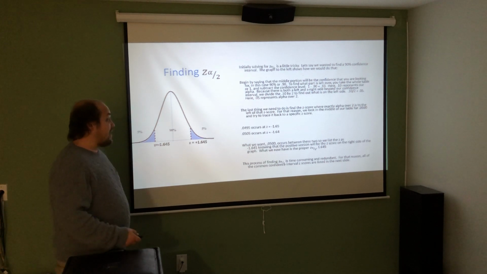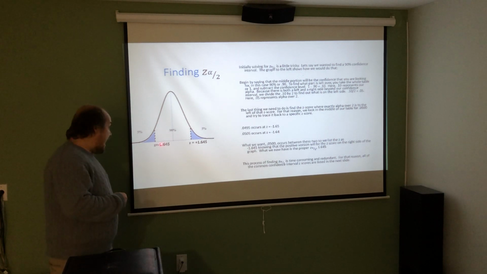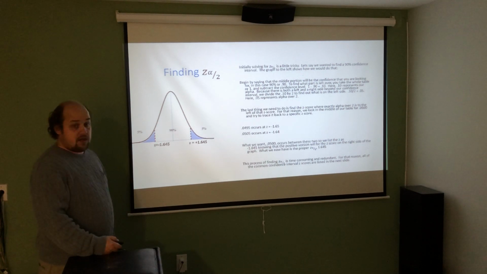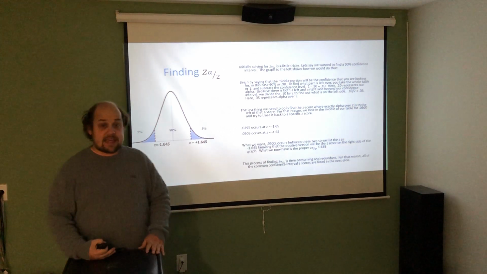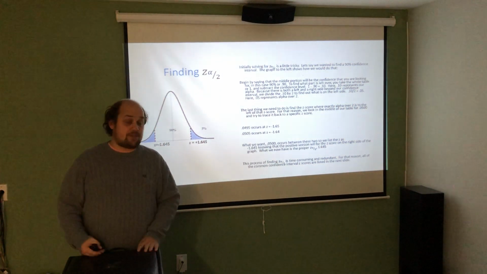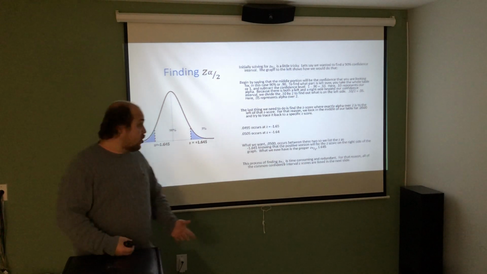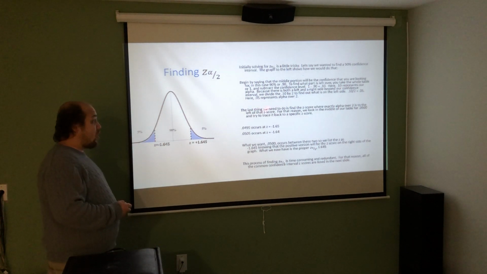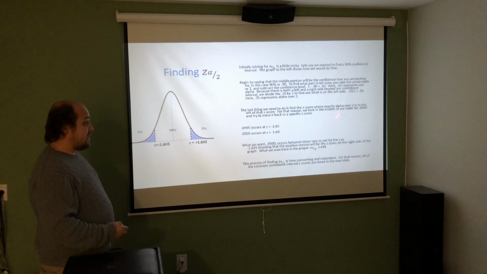So now we're trying to find the z-score that has 0.05 in front of it. The same way that we did in the second lesson on the normal distribution, where we start in the middle of the table to find a specific percentile, we're trying to find where 0.0500 occurs in the table.